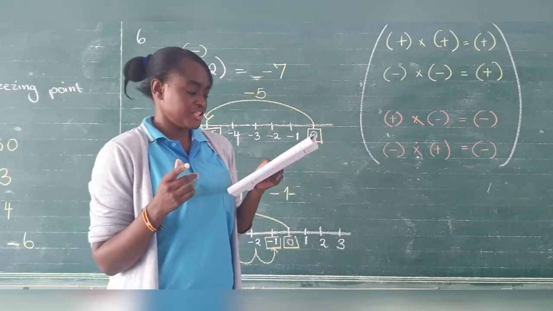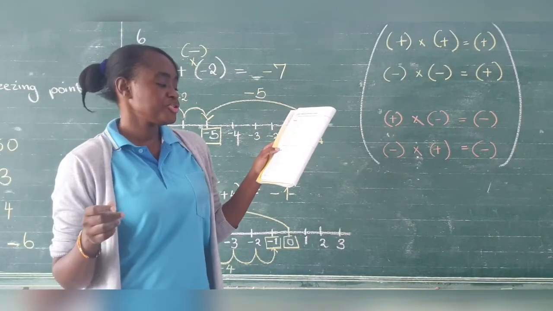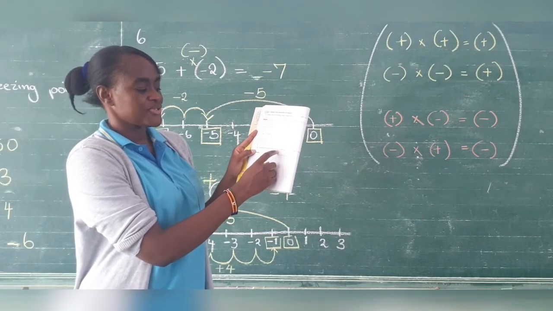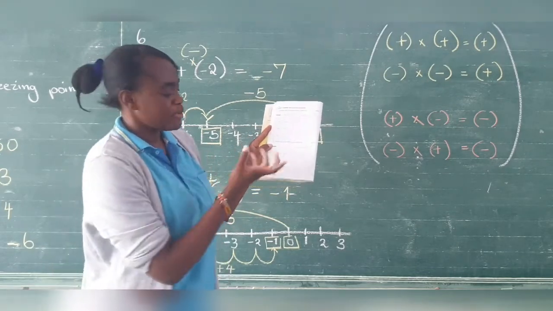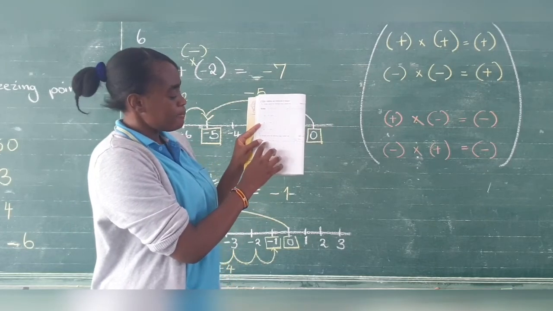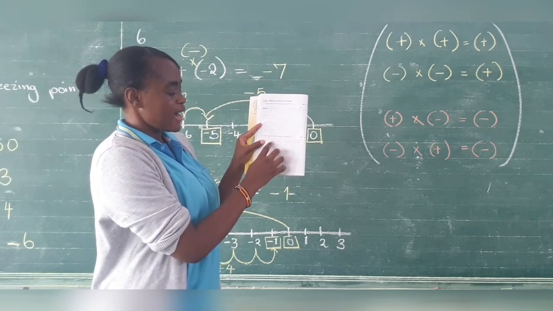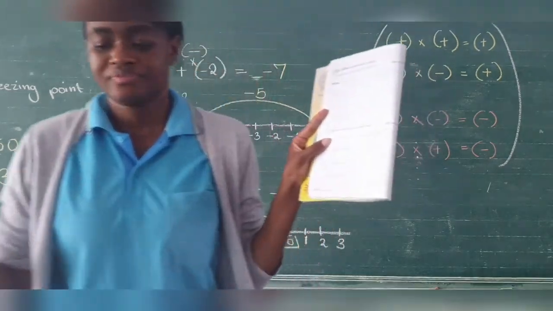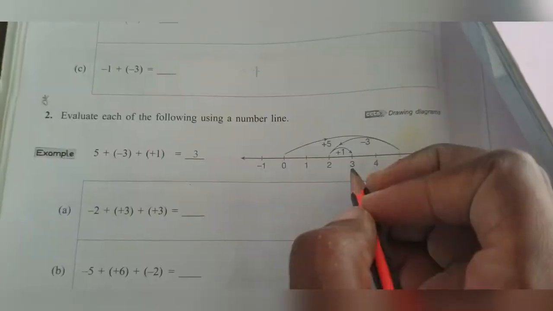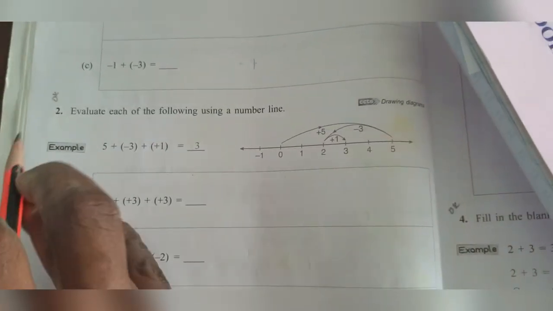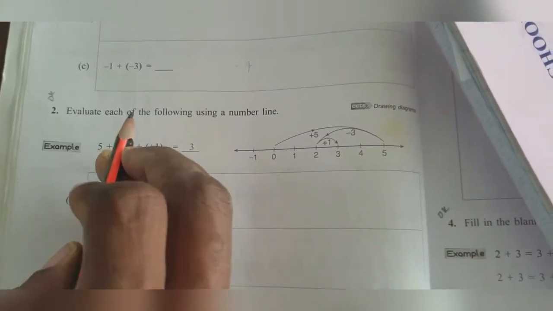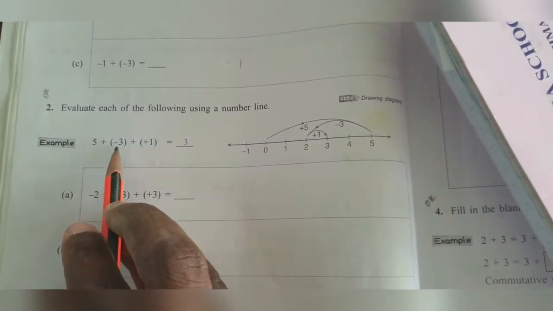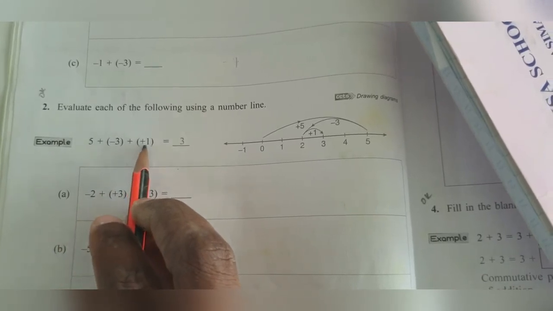Okay, before you continue, can you try part A, number 2? Evaluate each of the following using a number line. Example, we have 5 plus negative 3 plus positive 1 equal.